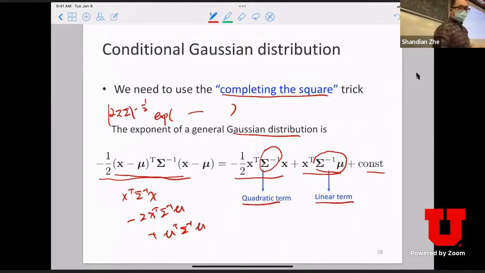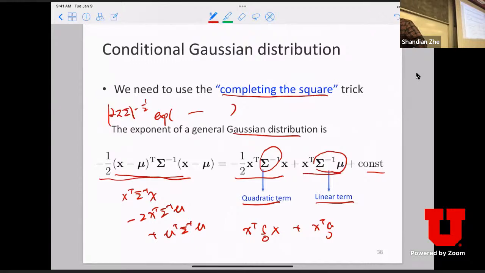For example, if after some manipulation you get a term like x transpose s x plus x transpose a, you can use this form to map back to the parameters.